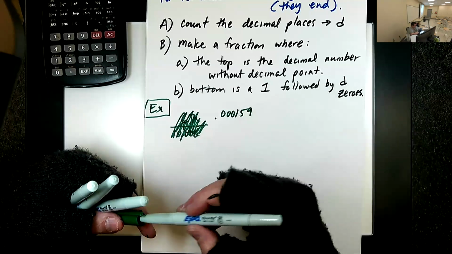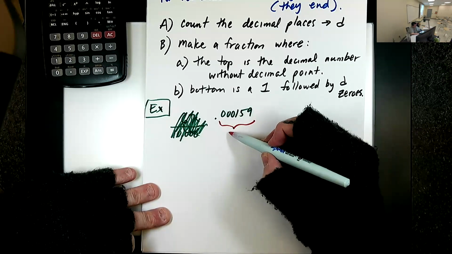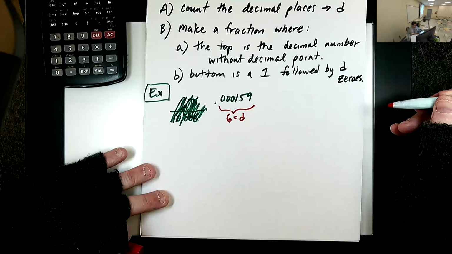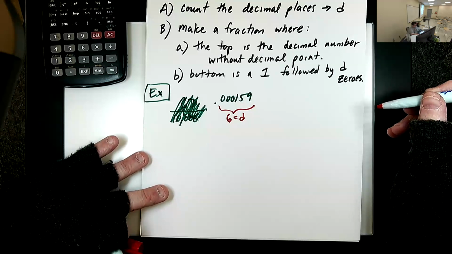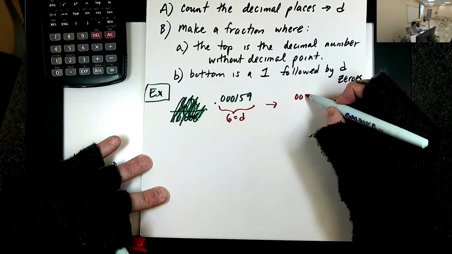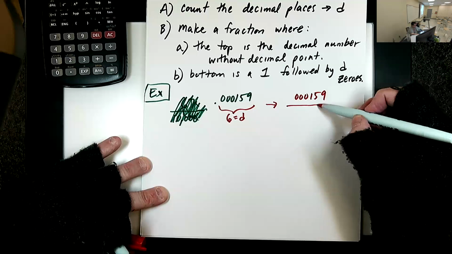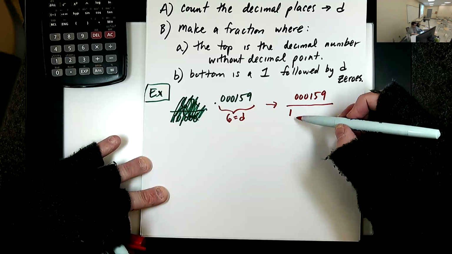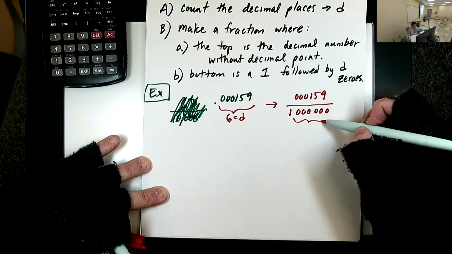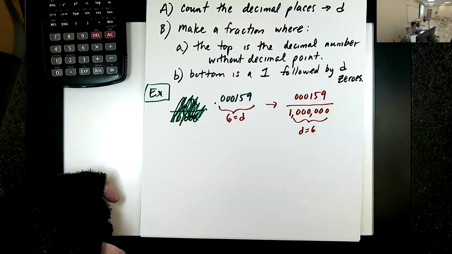Okay, so how many decimal places do I have? I've got 6, so my D is 6. What I'm going to do is take the number and put it on top without a decimal. And on bottom, I'm going to put a 1 followed by 6 zeros. I'll put some commas in there so it's more readable.